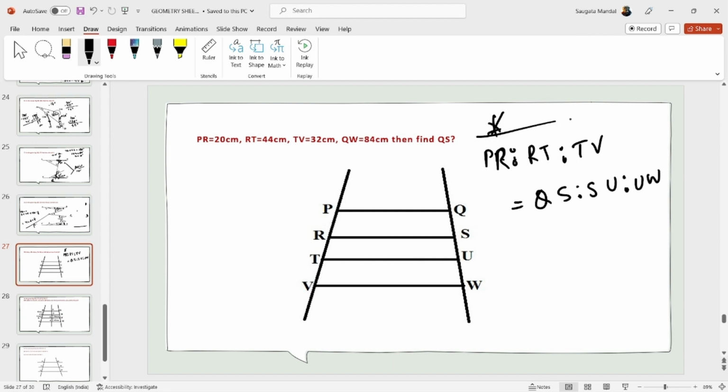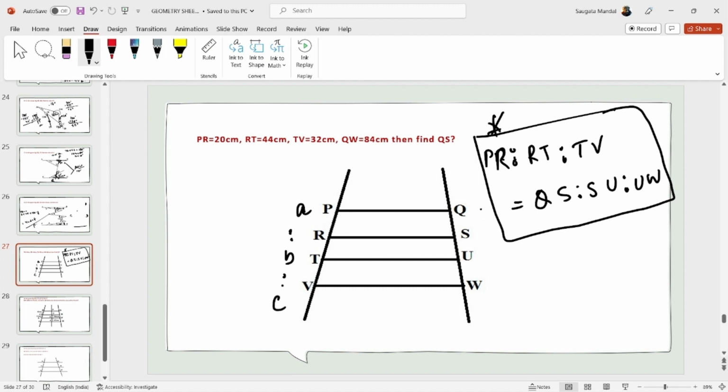This is the concept of this question. If the ratio of this is A is to B is to C, then it must be the ratio of A is to B is to C.